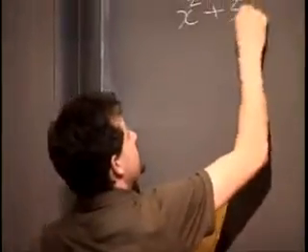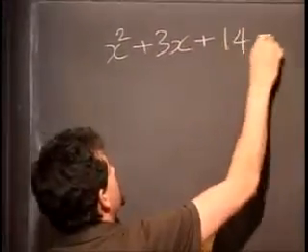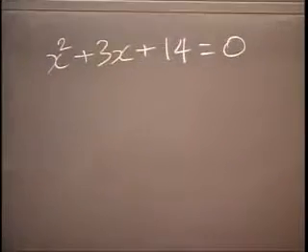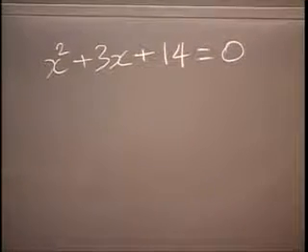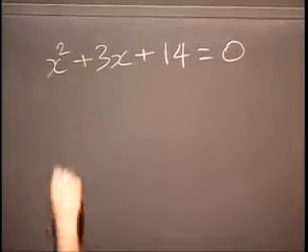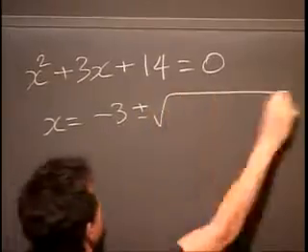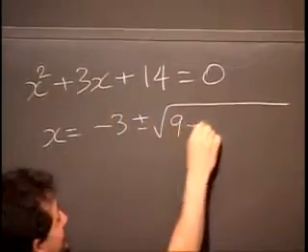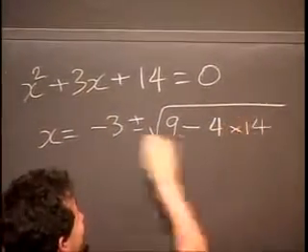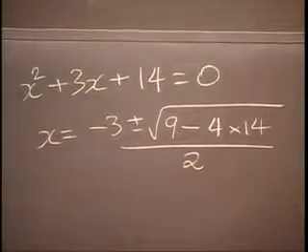One more basic operation that I maybe should have mentioned in the same basket is that we can now solve quadratic equations, at least with real coefficients. So if I ask you to find the solutions of x squared plus 3x plus 14 equals 0, and you whip out the quadratic formula, you'll get x equals minus 3 plus or minus the square root of b squared minus 4ac, all over 2a.